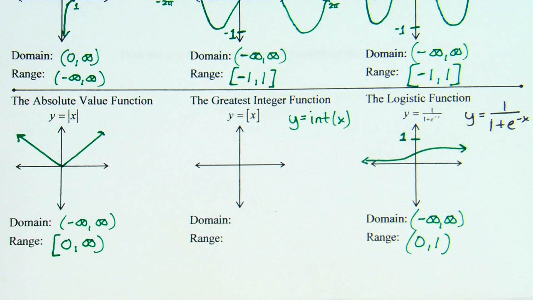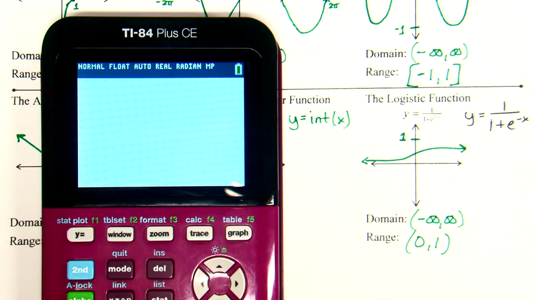Okay, so what you need when you graph it, what we are typing is y equals int x, in the math menu, which the math button is under the alpha button, correct? The math menu brings up a menu that looks like such. Arrow one to the right to the num menu.